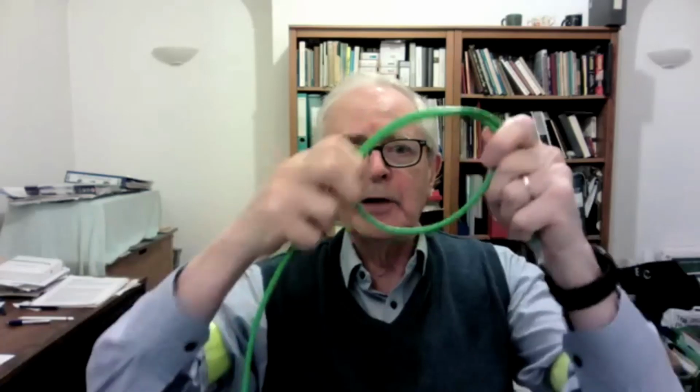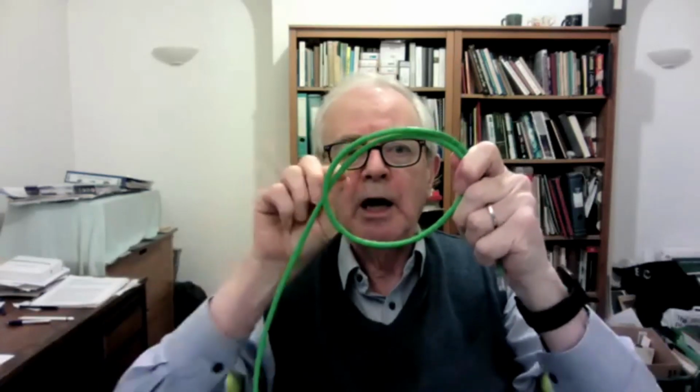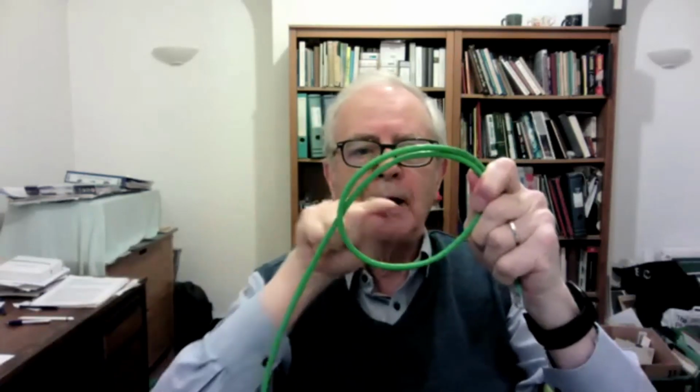But the main part of this talk concerns magnetic fields generated by coils. So here's a wire, and if I coil it like this, and pass a current through it, then there's a magnetic field going in and out from the coil. And if I make it lots of coils, then I increase the strength of the field by the number of coils I've got.